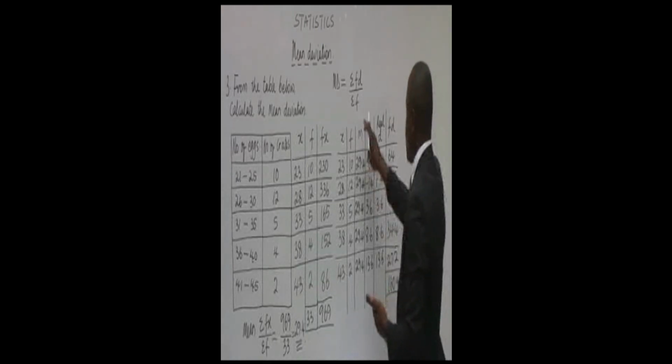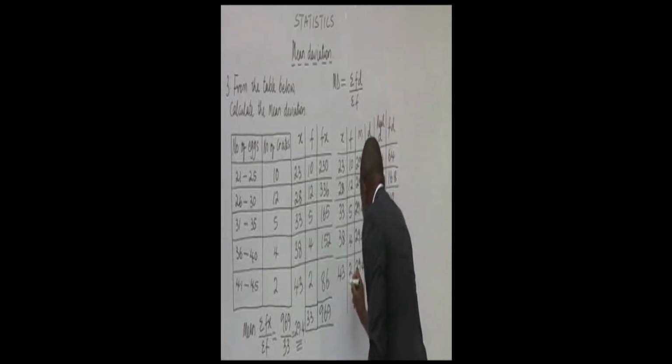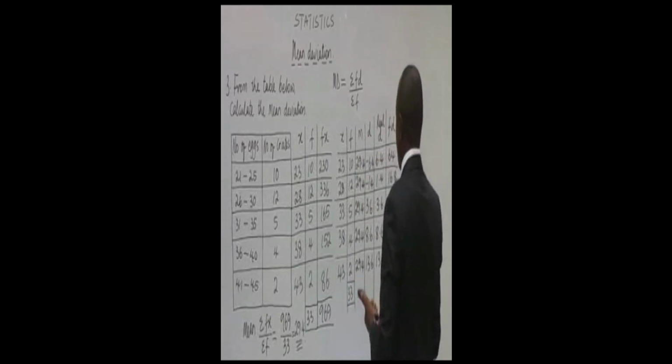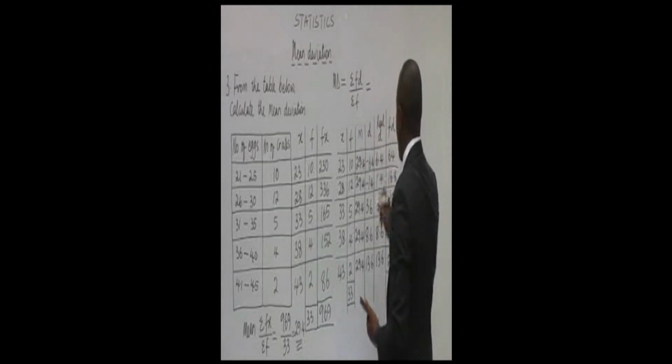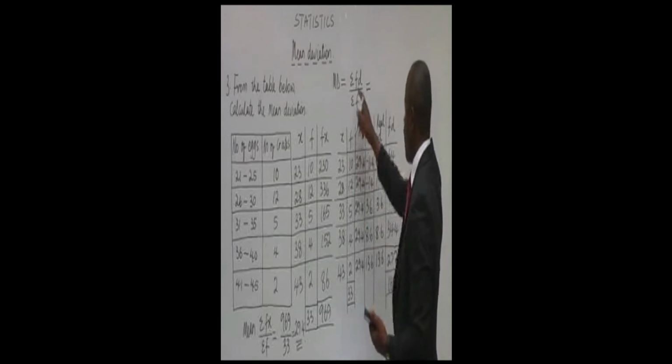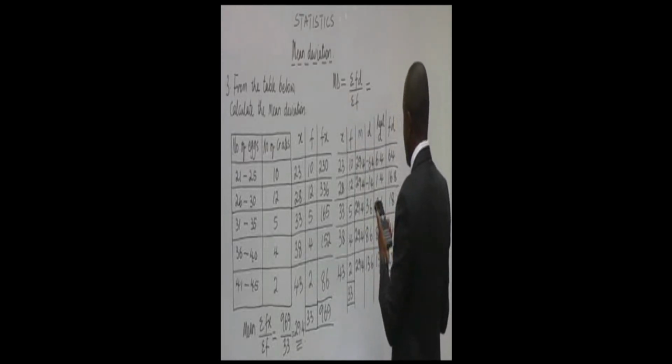Now, the sum of our frequencies, as we dealt with before, is 33. Now let's apply the values we have recovered in our formula to get our MD.